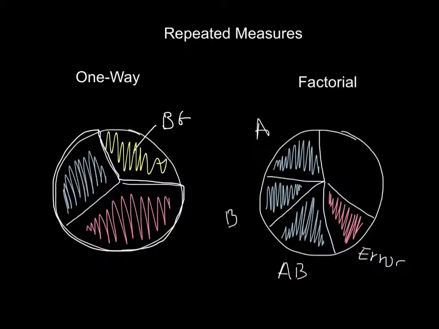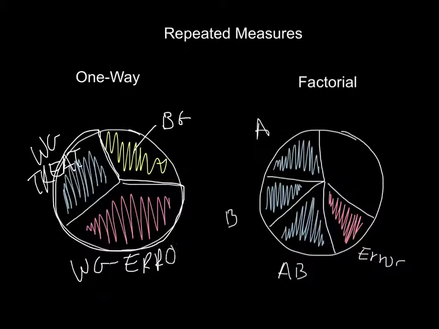We don't even include it, so it's not going to be considered a part of our analysis. Our within groups explained component is going to be the within groups treatment, so the differences in your groups due to your treatment, and then our unexplained is our within groups error. So our F ratio will be the within groups treatment over the within groups error.